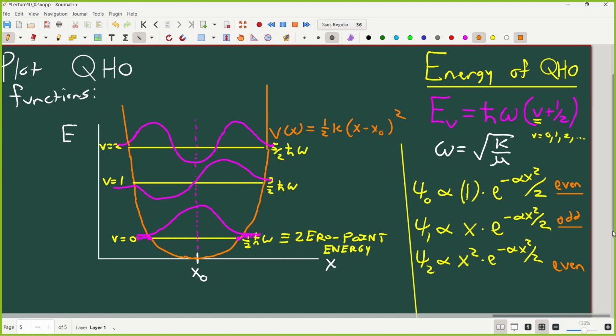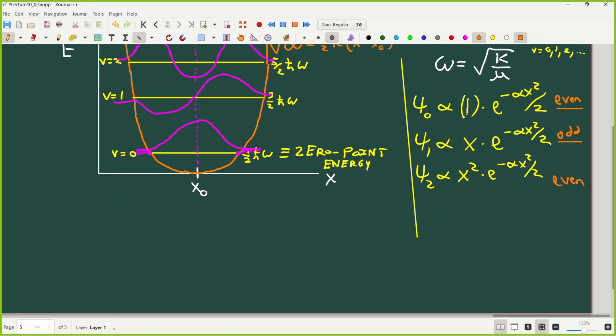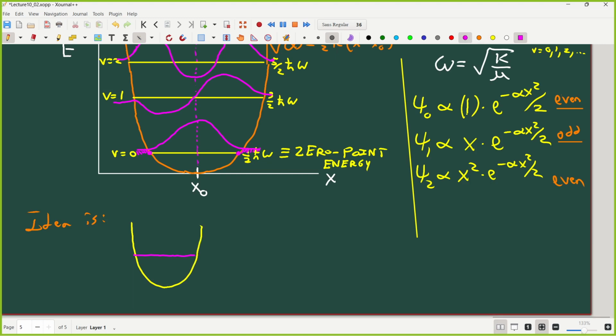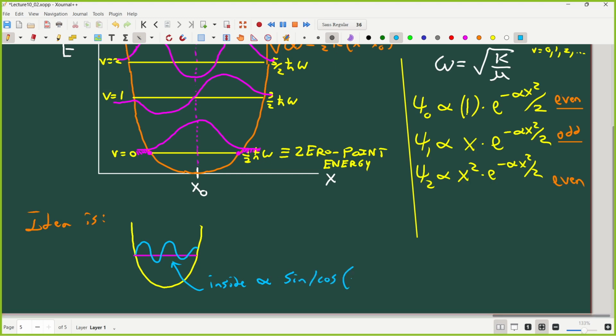The idea is that if we look at the potential kind of like this, so here's my potential, and I'm just going to pick a level, inside the potential it looks kind of like sine or cosine of n omega t.